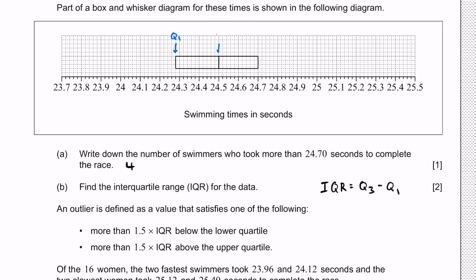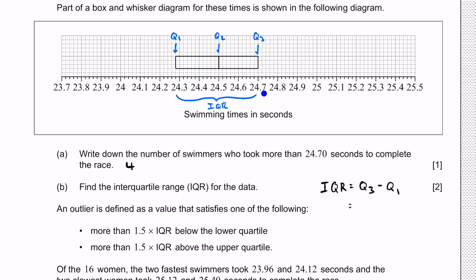This is Q2, which we often call the median. And this is Q3. So the distance between Q1 and Q3 is the IQR. This is our IQR. So let's find the bounds of Q3 and Q1, and then we can work out this arithmetic statement right here.